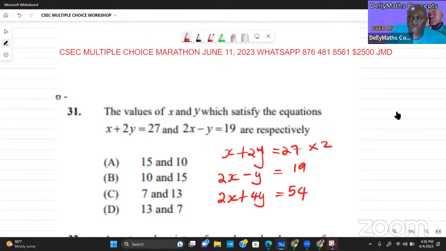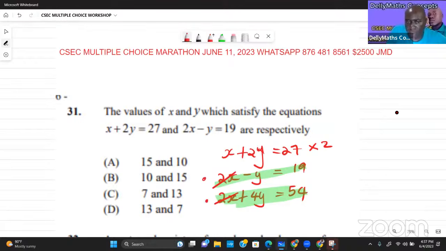So then, if we zoom in on those, I can simply subtract. If I subtract these two equations here, the 2x and 2x will go, right?